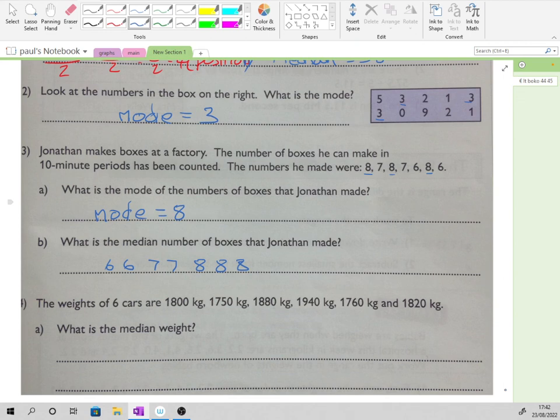So n plus 1 divided by 2. 7 plus 1 divided by 2, 8 divided by 2 equals 4. And that's the position. So now we just count 4 from the end. 1, 2, 3, 4, there. So the median equals 7.